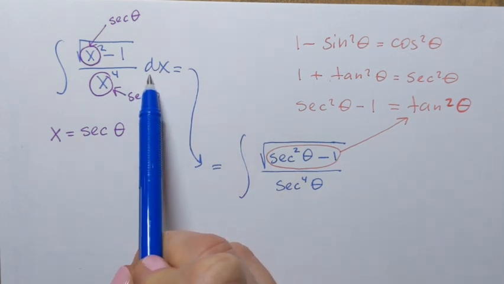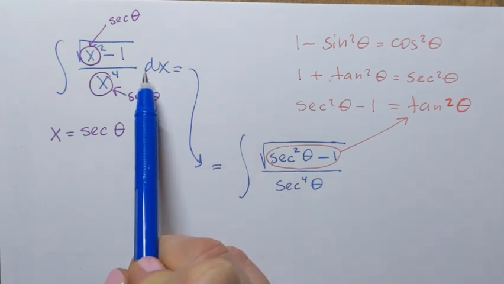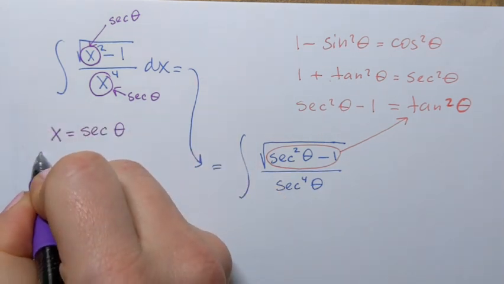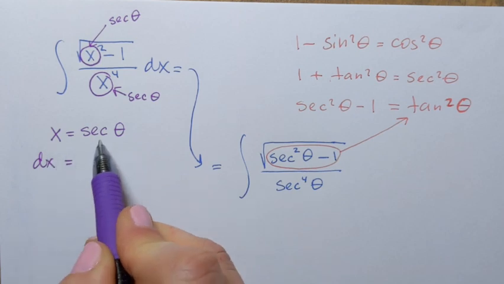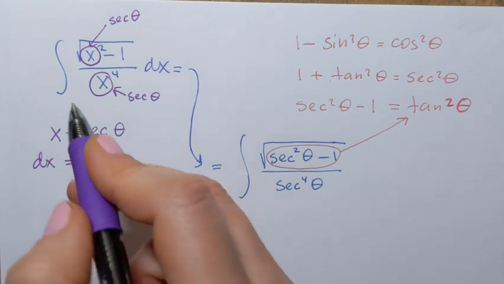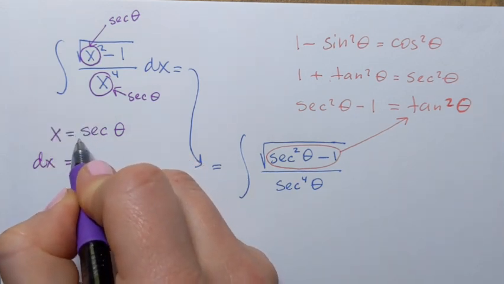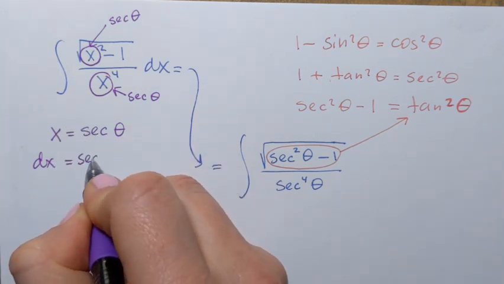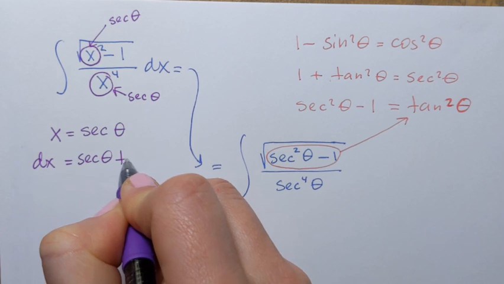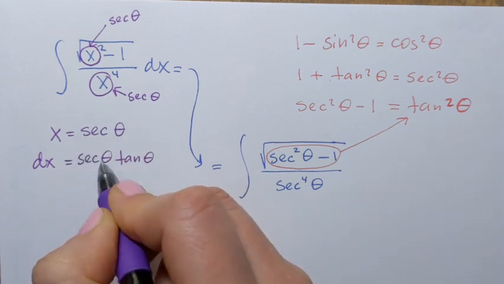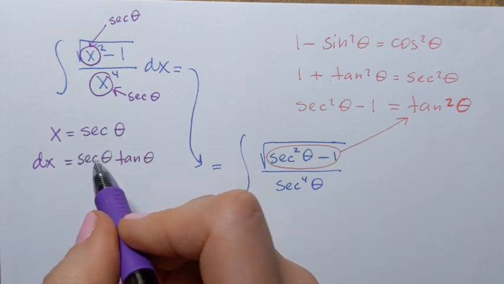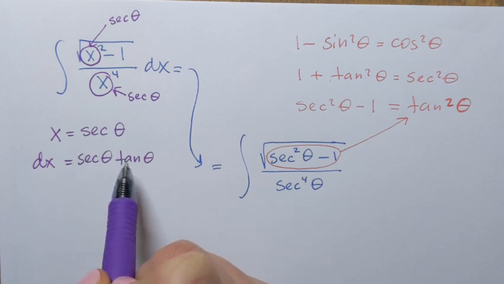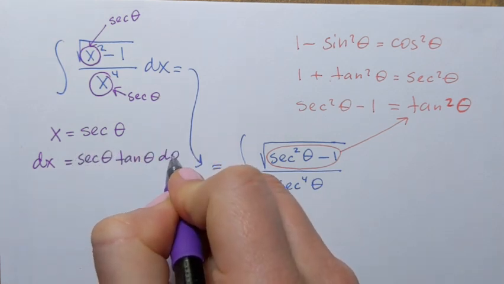How about dx? Well, to see what differential dx equals, I just have to find it here, right? So if x is secant of theta, then dx is the derivative of secant, which is secant theta tangent theta. Just refresh that. Look at the table of basic derivatives, right? You'll find that the derivative of secant is secant theta tangent theta, and then d theta.